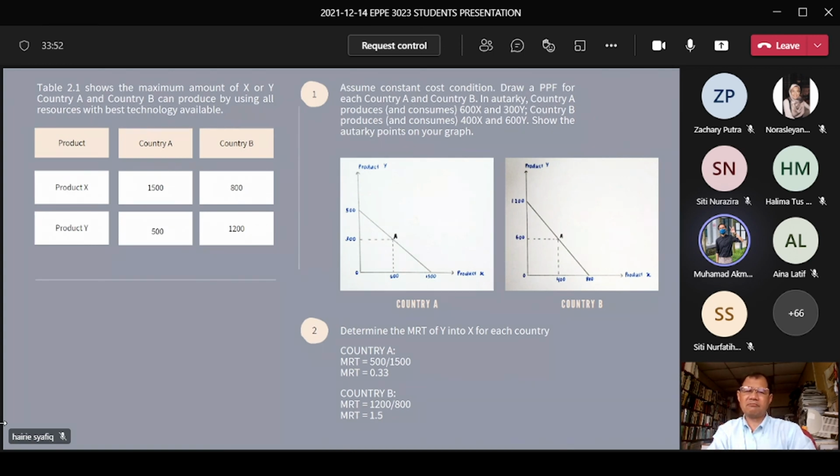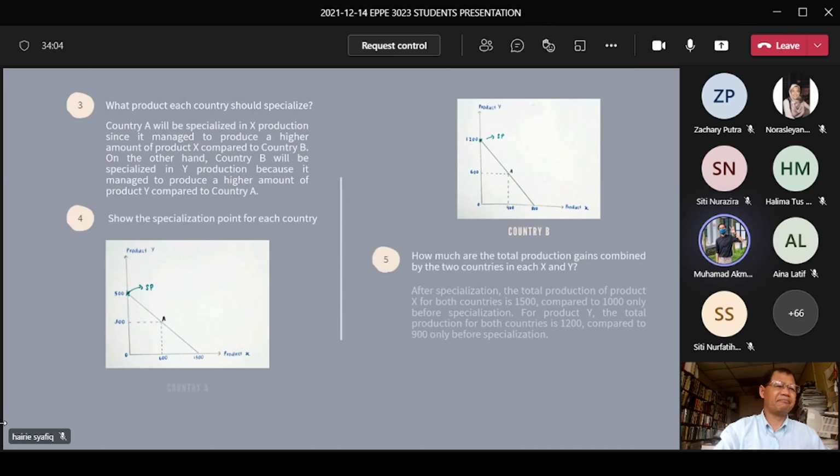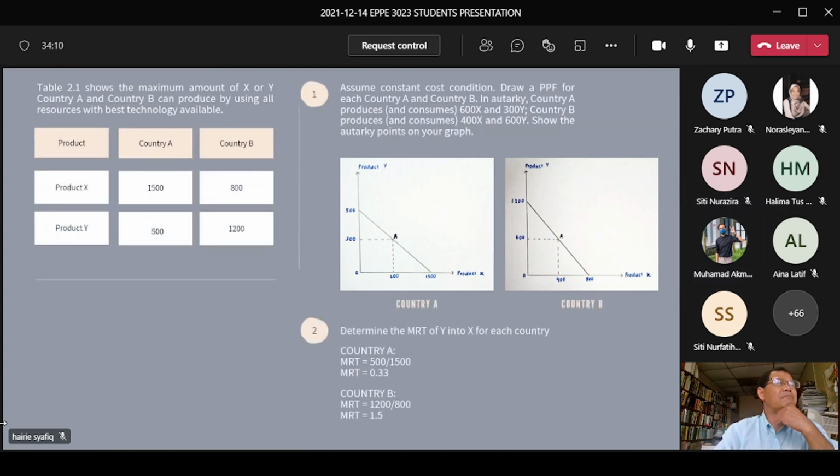But after specialization, the production of X is 1,500, which is higher. The same goes for Y production. Before specialization it is 900, but now it's 1,200. All right, let's move to the next question.